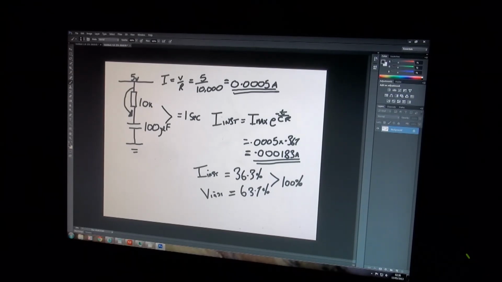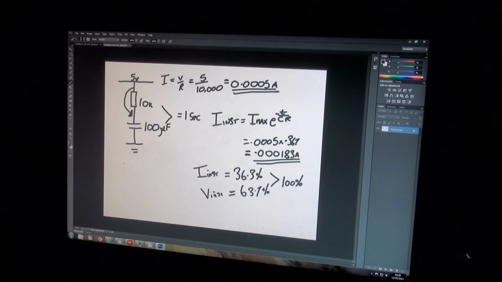This relationship between current and voltage is always preserved. So, for example, if the voltage across the capacitor is 50%, then the current flowing through the circuit will be 50% of its maximum value. Eventually, when the instantaneous voltage reaches Vmax, no further current will flow in the circuit.